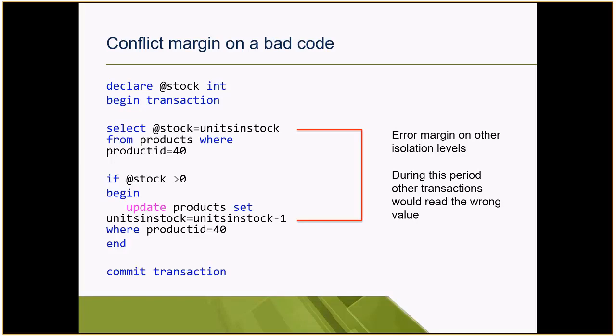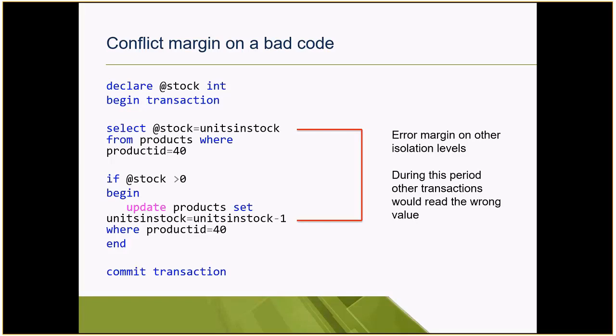If any other simultaneous transaction reads the stock between the select and the update statement, this will create an error and the stock will be wrong. If another concurrent transaction reads between this time interval, the stock will be wrong.